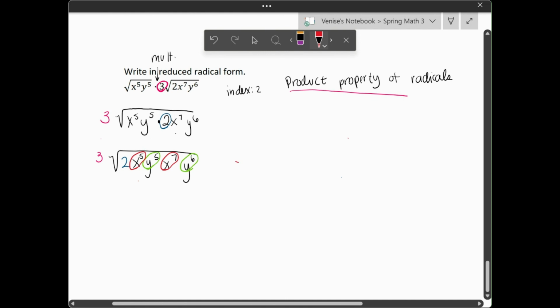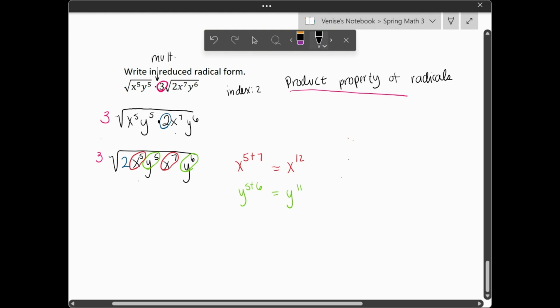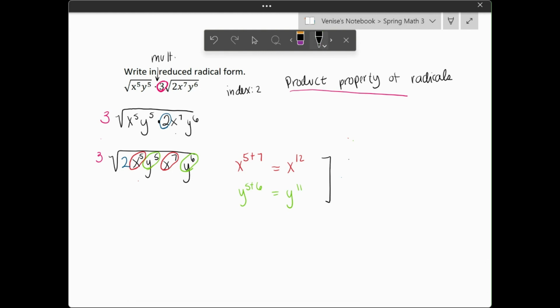So we have x to the 5th plus 7, which is x to the 12. And we have y to the 5 plus 6 equals y to the 11. Okay, this is true by product of powers.